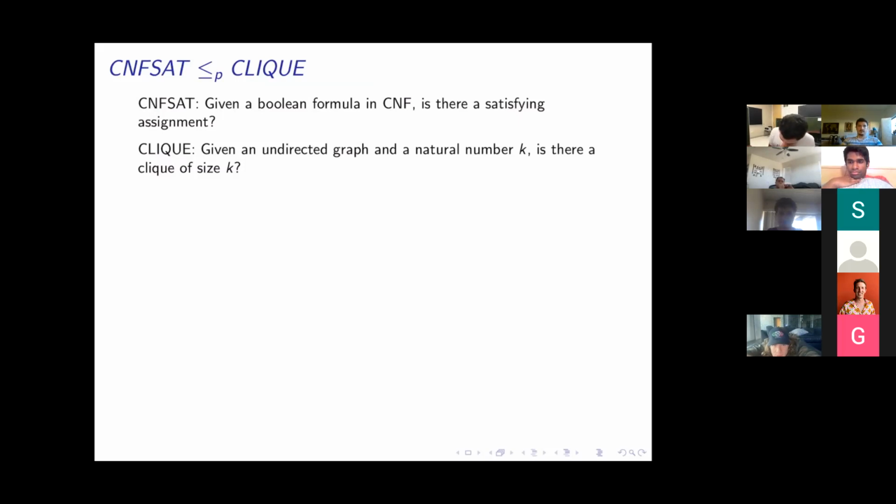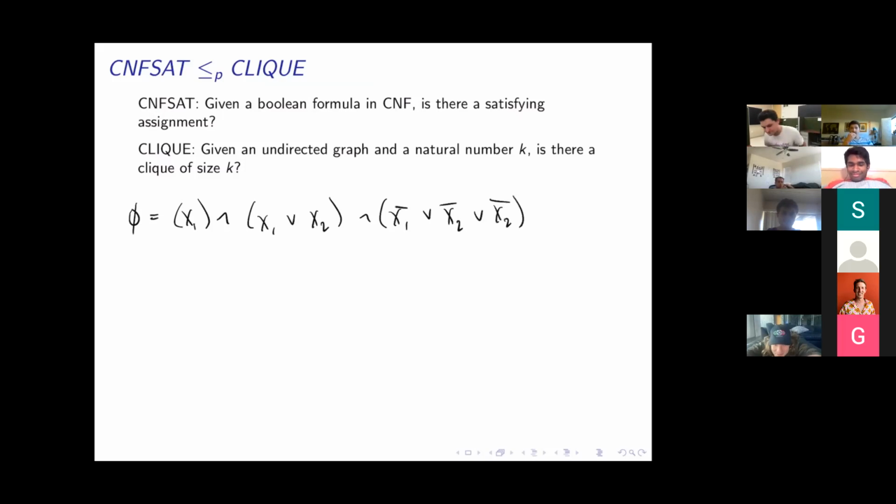So again, I'm just going to give you an example of the graph produced by a certain logical formula. For example, consider phi to be (x1) ∧ (x1 ∨ x2) ∧ (x1 ∨ x̄1 ∨ x̄2 ∨ x̄2).